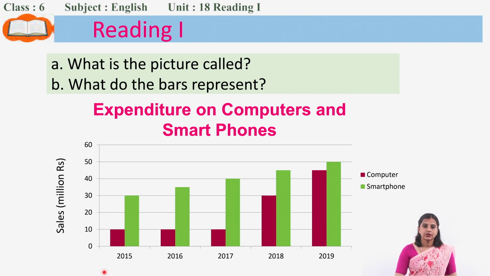That is for the expenditure. This chart shows us the amount of money spent on computers and smartphones of a certain place, not of the entire world. We shall see in the passage which place this chart is shown for.